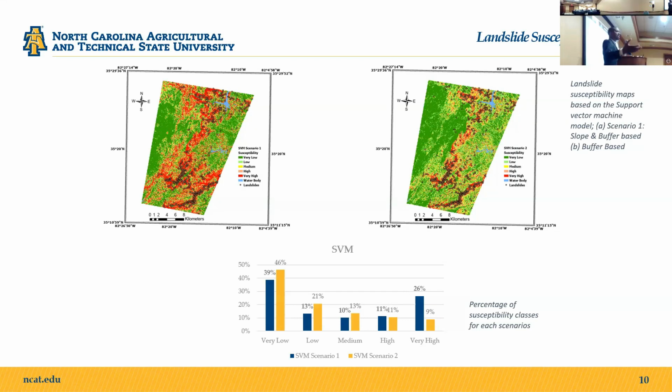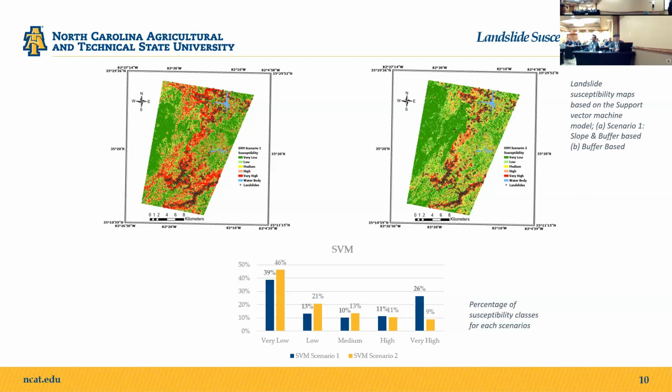Then we predicted the susceptibility value for each pixel. We extracted it from Python and took it to ArcGIS Pro, then generated the susceptibility map.